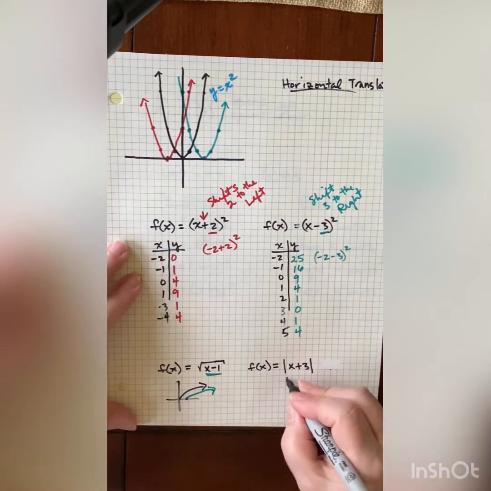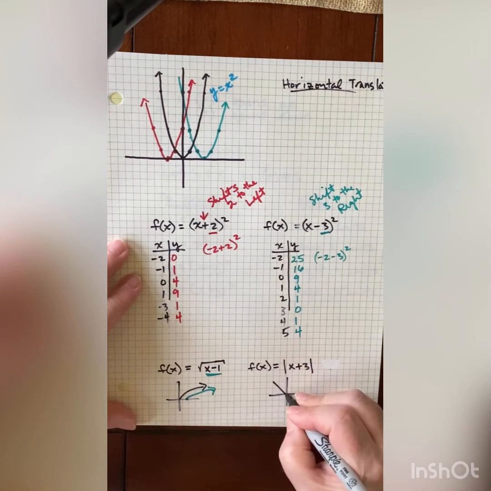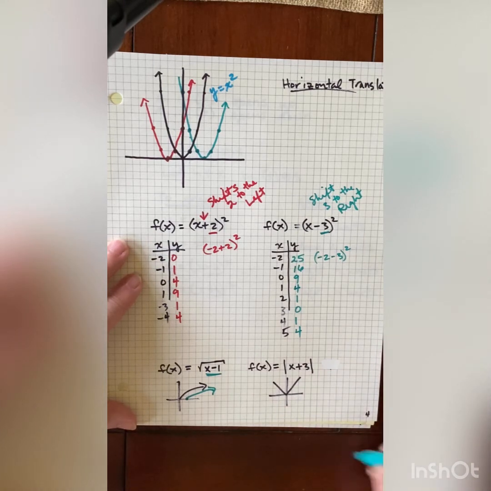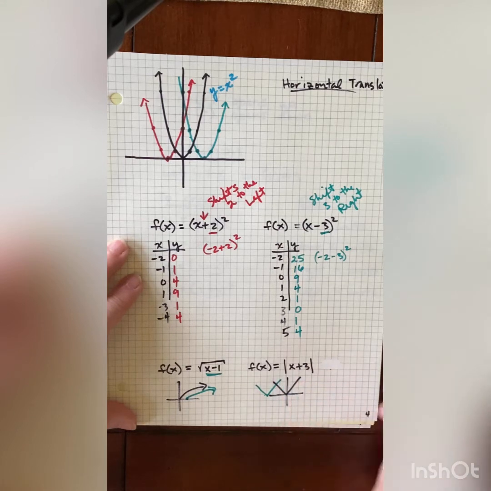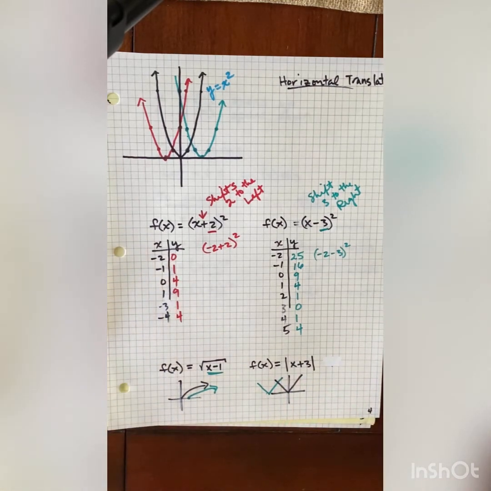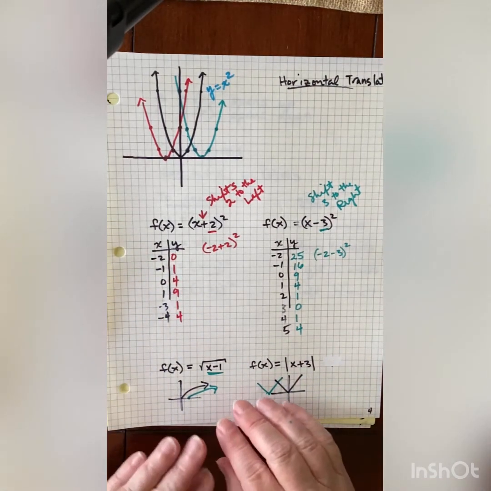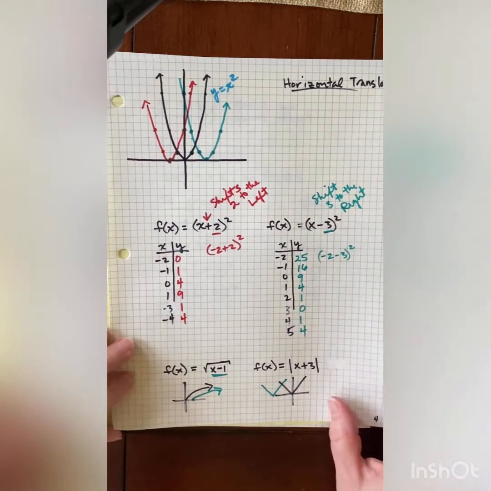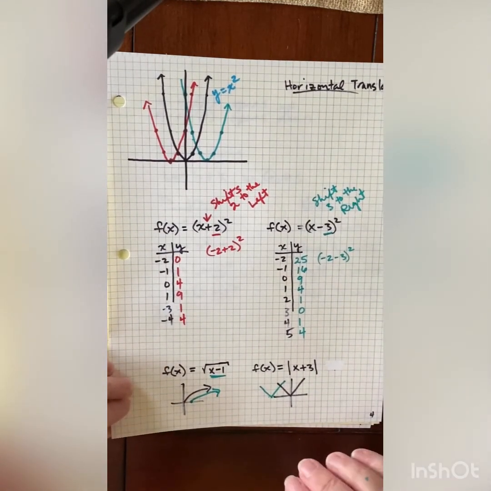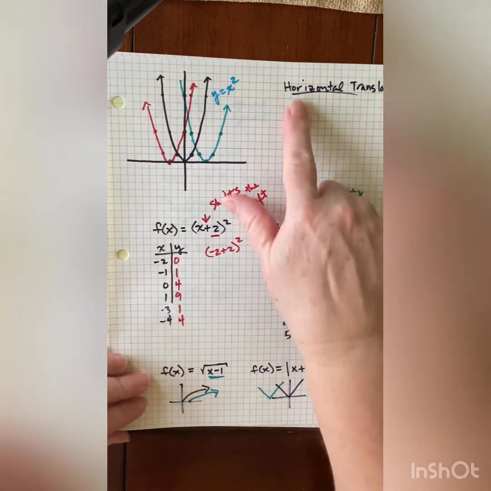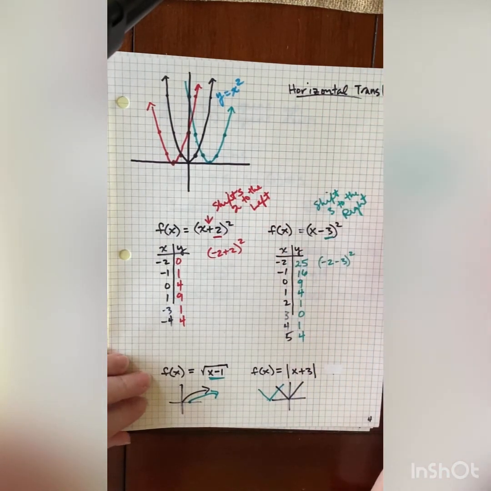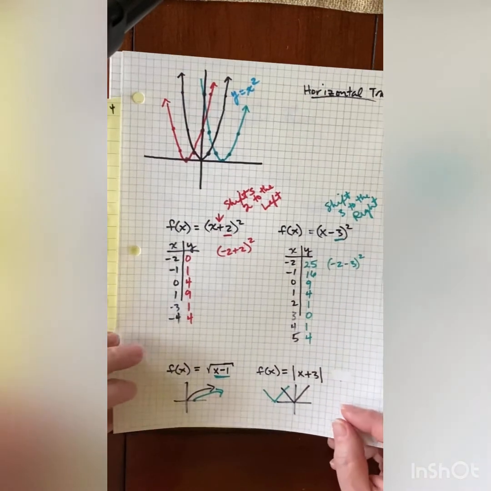Okay, this one here, standard would look like that, but this time I have a +3 there, so it would be 1, 2, 3, and it would be like that. Okay, so inside or underneath is where it is going to go left and right, so our horizontal translations, and an opposite of what you want it to do.